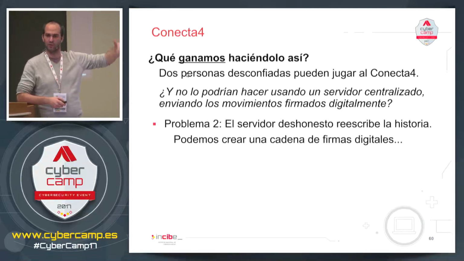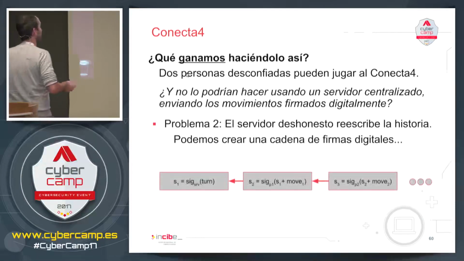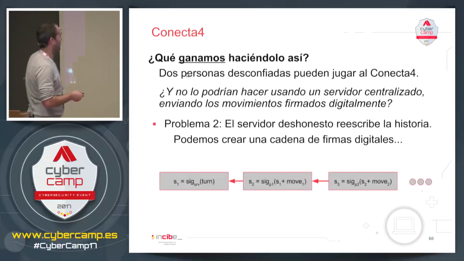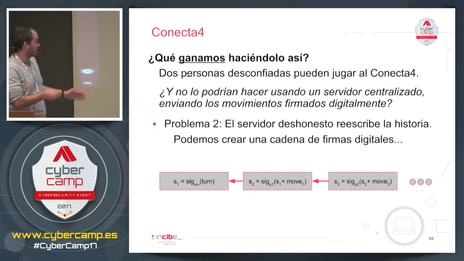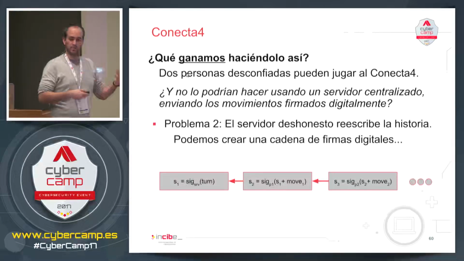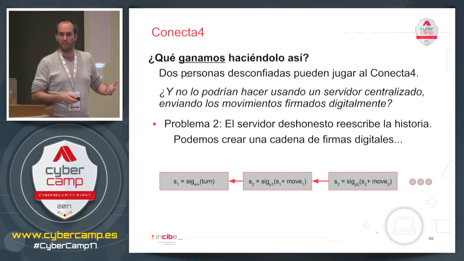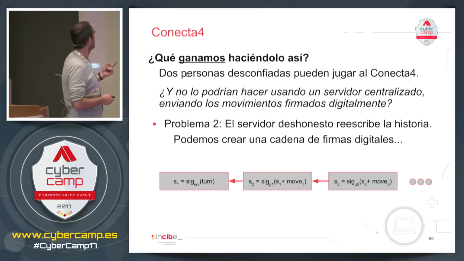So you can say move column 1, move column 3, 4, 7. They can all be signed digitally by the server. So the server can build all these different chains as he wants to, however much they're signed digitally.